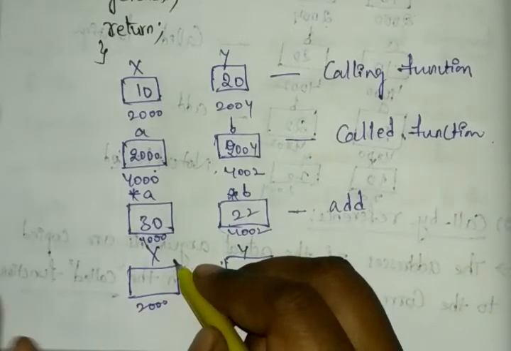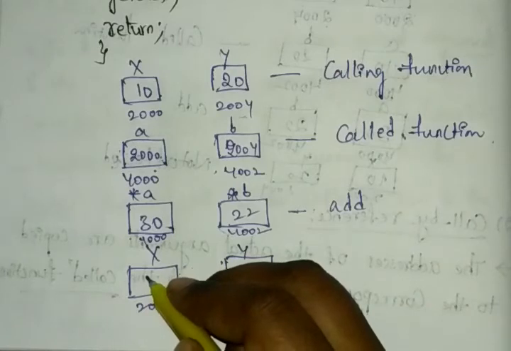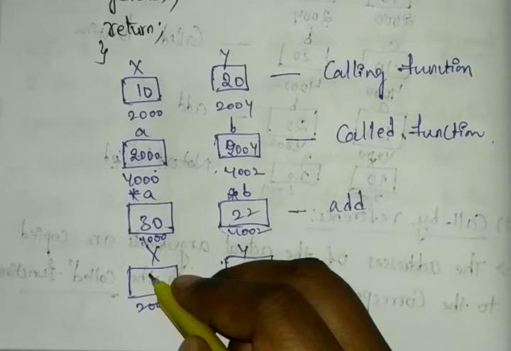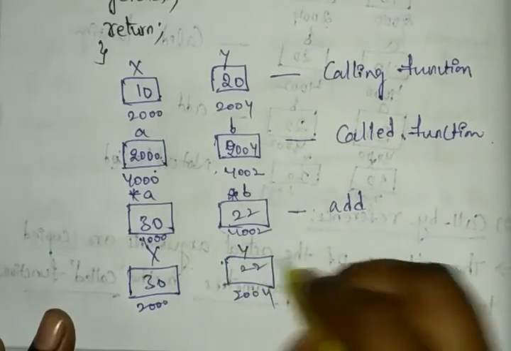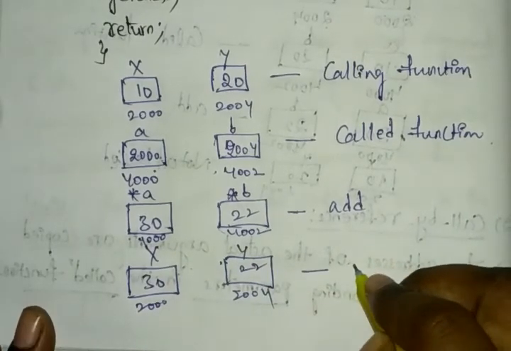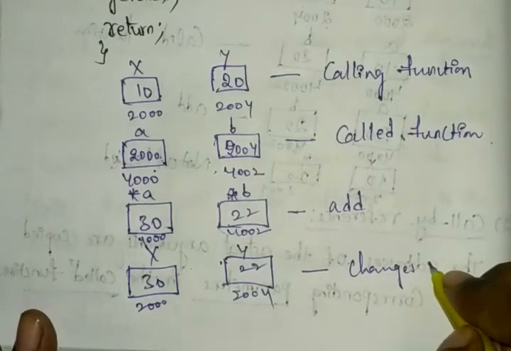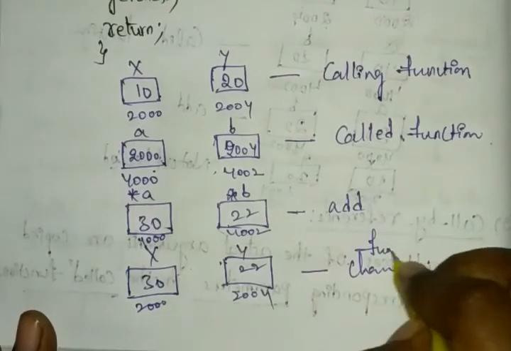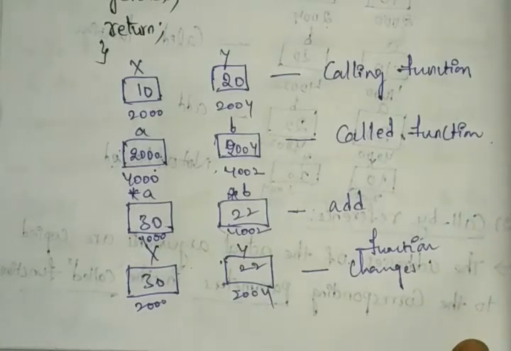But here it takes the addresses of the values of our formal parameters. It works like a reference, 30 and 22. So it changes the values. You can write that the function changes them. Here we perform the function changing.